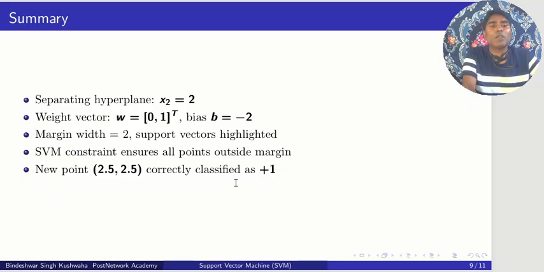I would like to explain again that SVM is not a single algorithm, it is a family of algorithms, and we will see that as we add some more points, how the algorithm objectives will change and we will get accurate results.